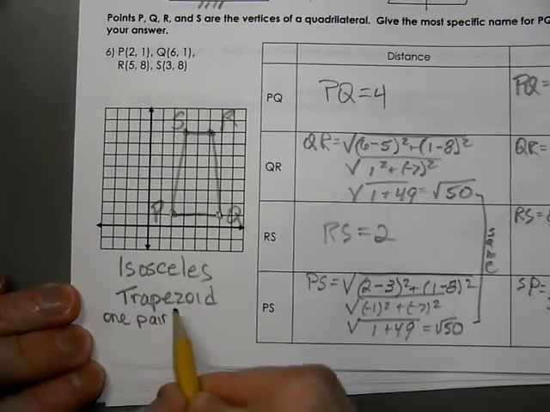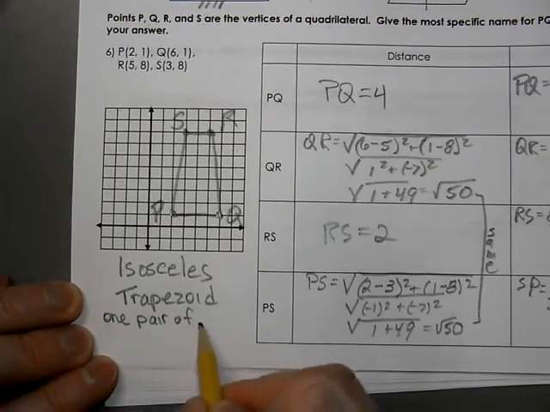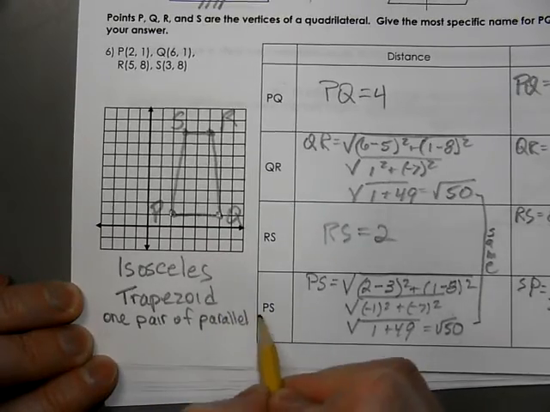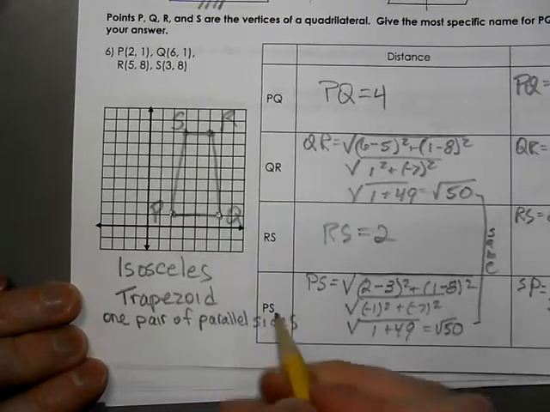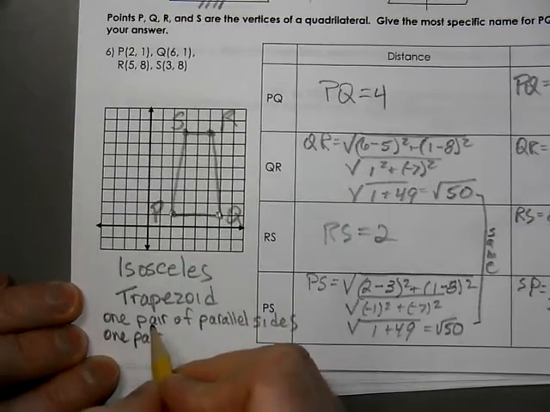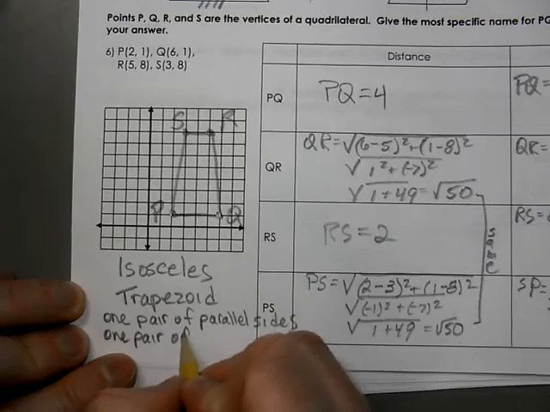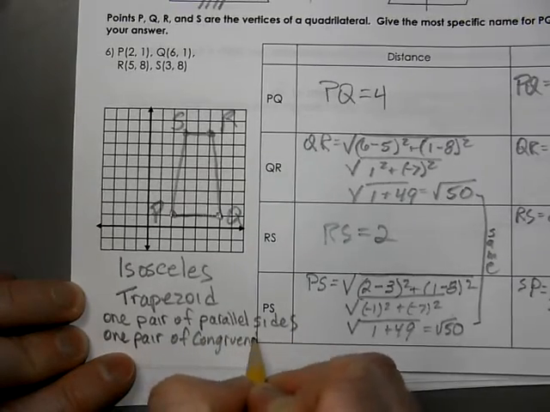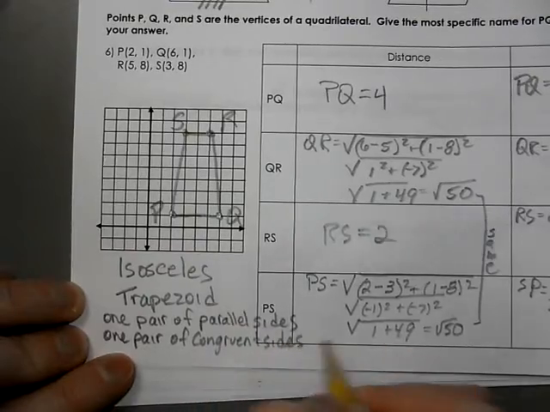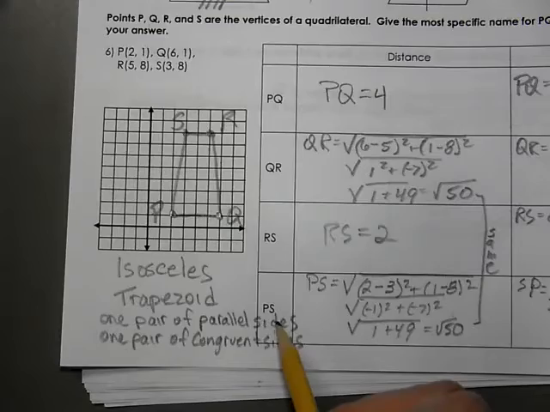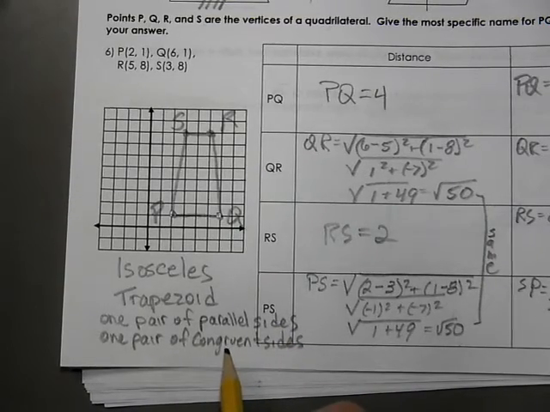One pair of parallel sides, one pair of congruent sides. The parallel sides are called the base, and the congruent sides are called the legs.